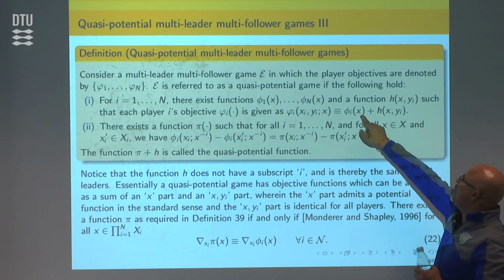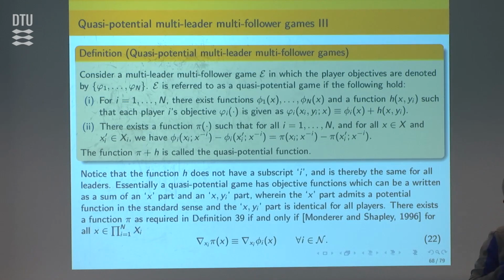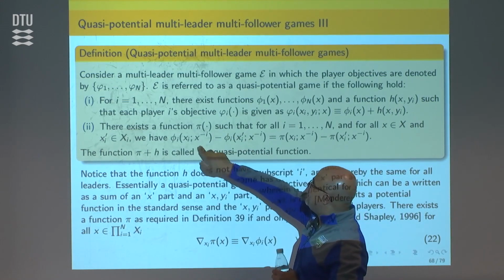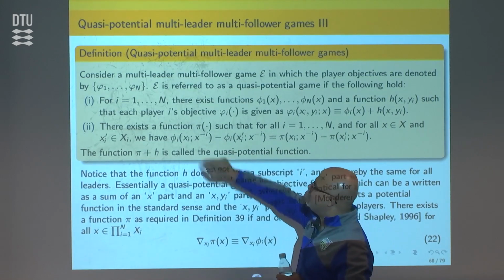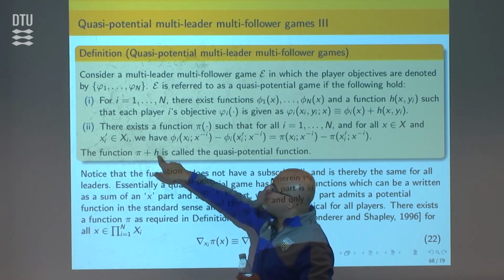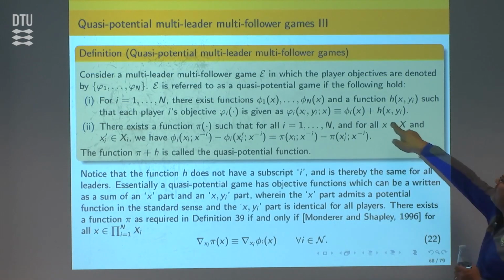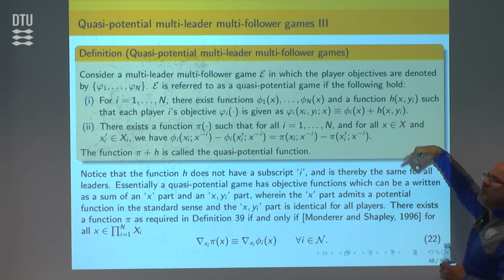So you need this structure. If you have this structure, then there exists a function such that phi has a potential function. This is what I described about the potential function. Then the function pi plus h is called a quasi-potential function. Okay, so h is a common function that all players share, right? So this could be like a price function or something of that sort.